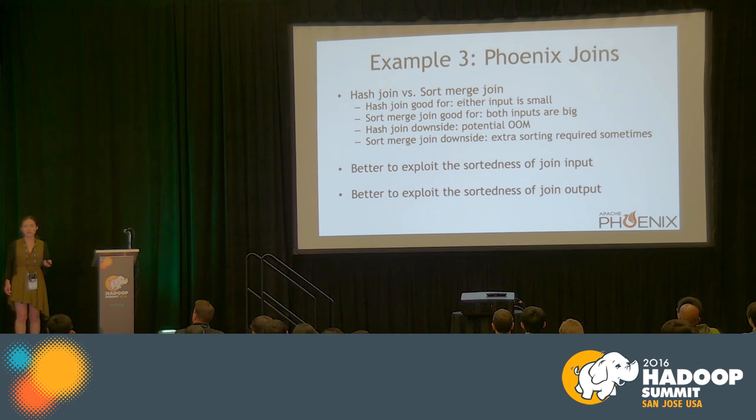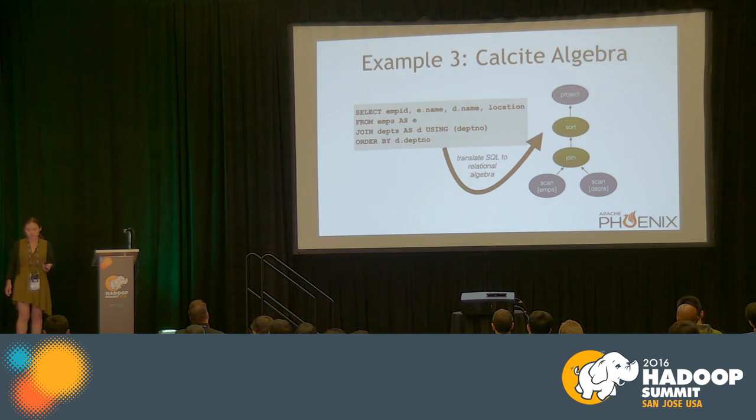So we figure, first, if we can exploit the sortedness of the join inputs, and second, if we can exploit the sortedness of the join outputs, we can make these join algorithms work much faster, right? And so this query is going to join the employee table and the department table together and order by the department number.